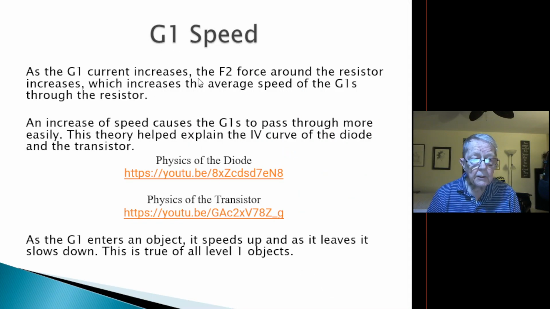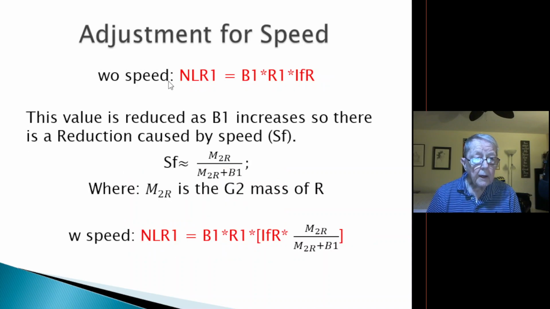Well, this is just a repeat again now. I'm going to add speed to it. I'm going to go through a little bit about how I accommodate the speed as it goes through the resistor. Okay, the adjustment for speed.